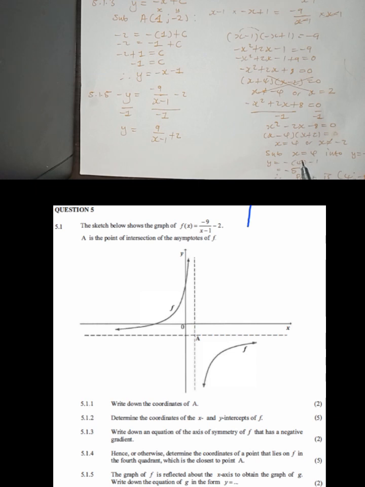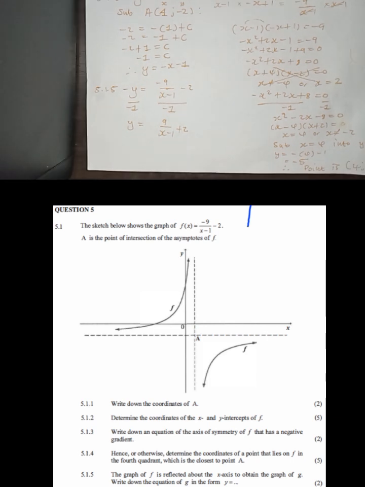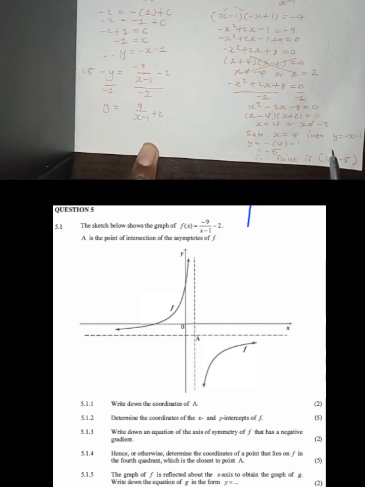Now, since this point is in the fourth quadrant, x is going to be positive. So x cannot be equal to -2 for that point. The only x value it can be is 4. So you sub x is equal to 4 into any one of the equations.